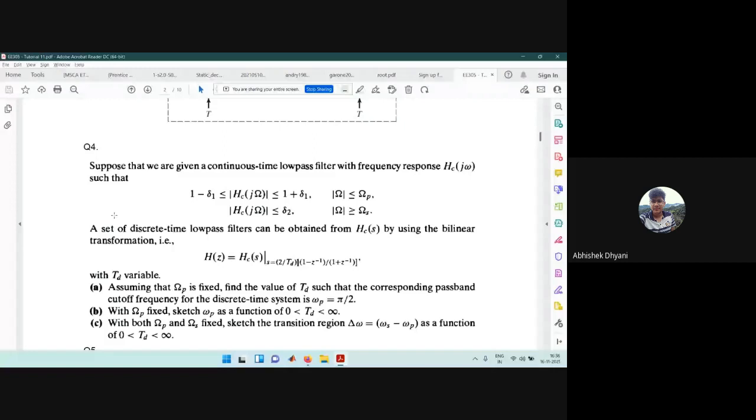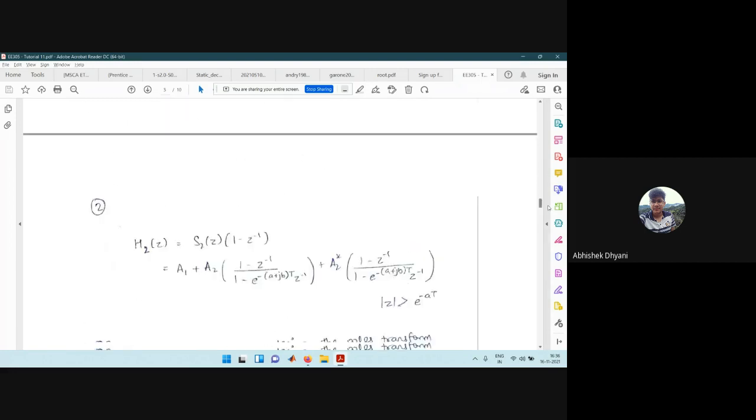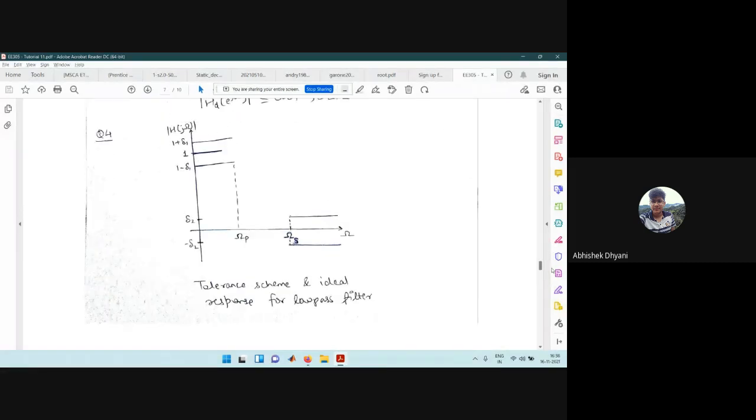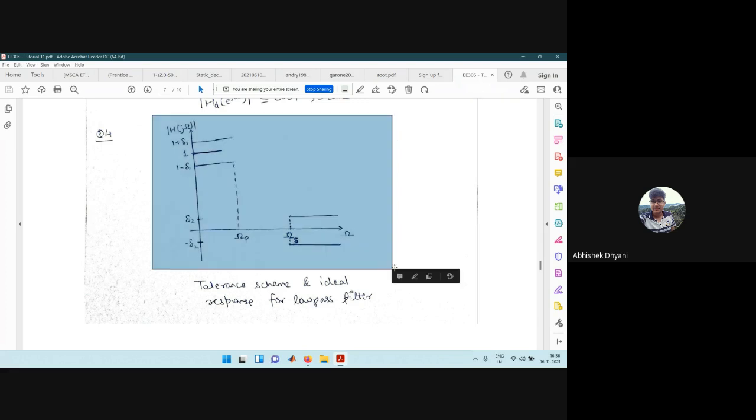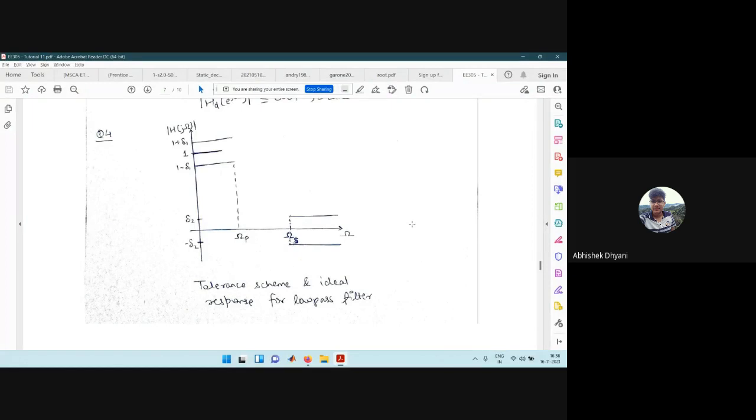Now there are a few parts that are asked from us, but before going into this, I'd like to show you how the specification looks like for a low pass filter. So I have a diagram over here, and this is for the continuous time case, but a similar kind of picture is also for the discrete time case. So here it is saying that if this is 1, then from 1 plus delta 1 to 1 minus delta 1, this is how I want my response to be between these two values.